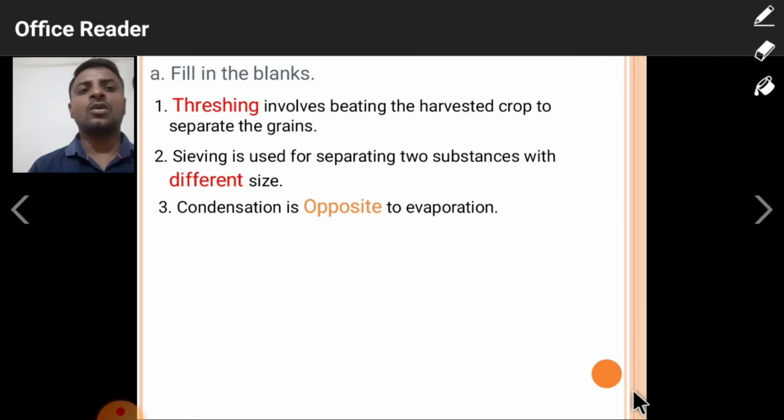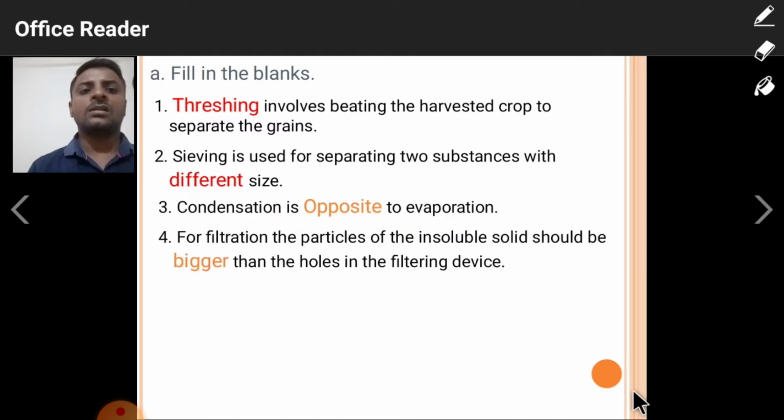Condensation is opposite to evaporation, and evaporation is opposite to condensation. In evaporation, liquid changes into gas, and in condensation, gas changes into liquid.